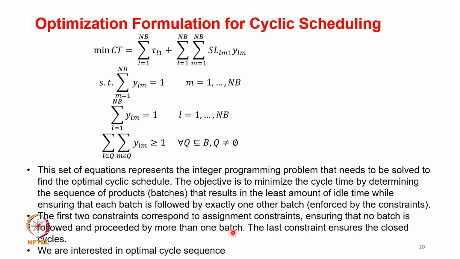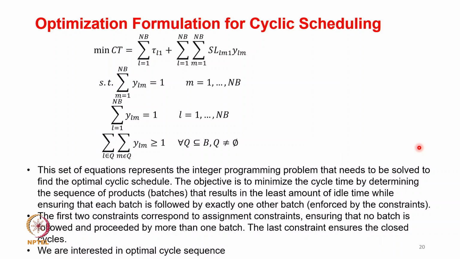So what you eventually need to do is find a schedule, or the sequence that you need to follow, such that you minimize the slack time. So you computed the slack time and you want to minimize that, and you have multiple constraints. All of them eventually represent an integer programming problem that needs to be solved to find the optimal cyclic schedule.